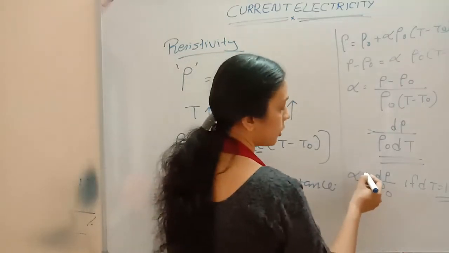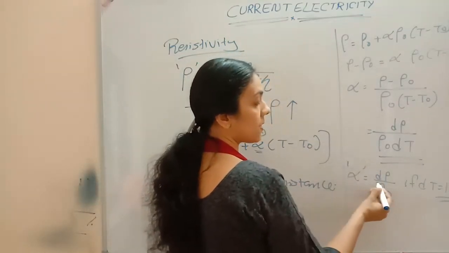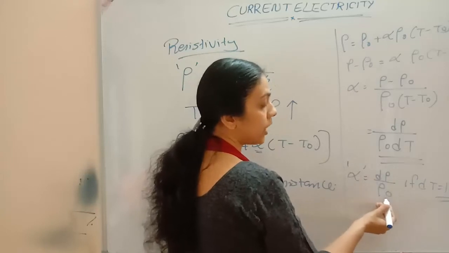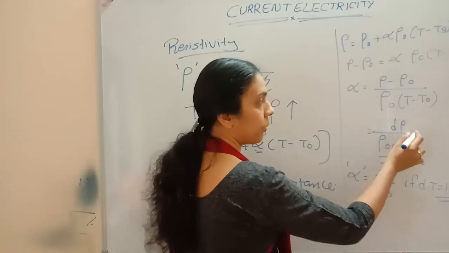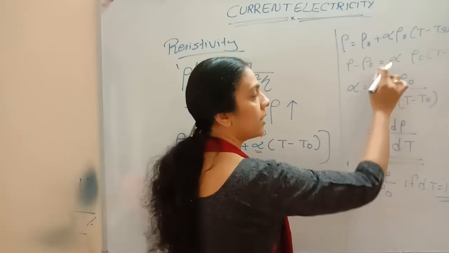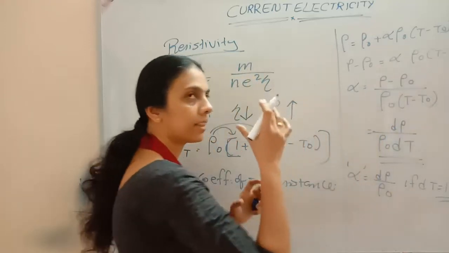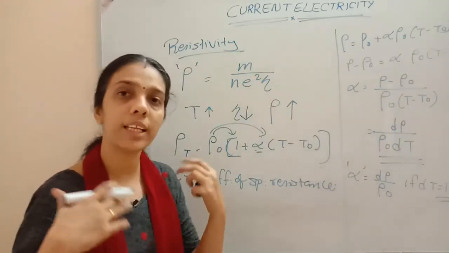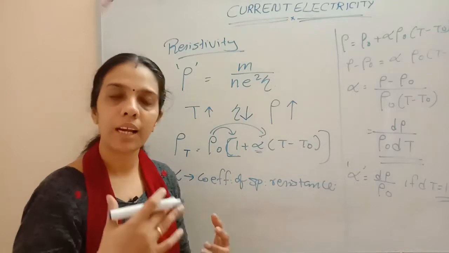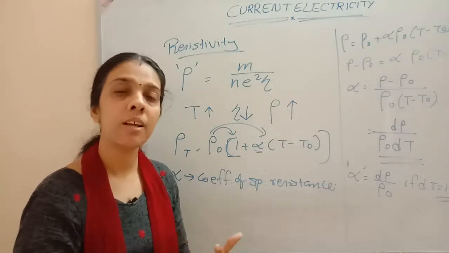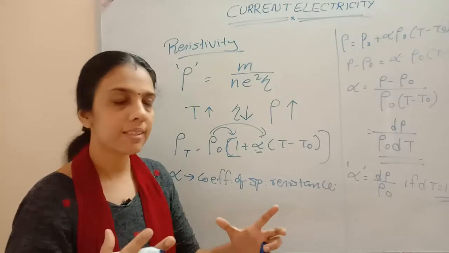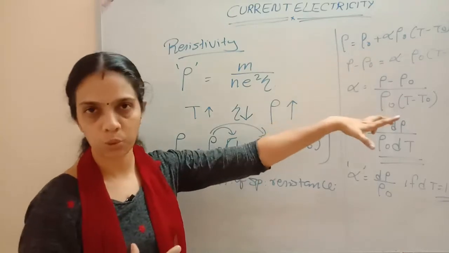The fractional change in resistivity, where d rho means rho minus rho 0, is the change happening in resistivity because of the increase in temperature. While we are increasing the temperature, resistivity changes by rho minus rho 0.